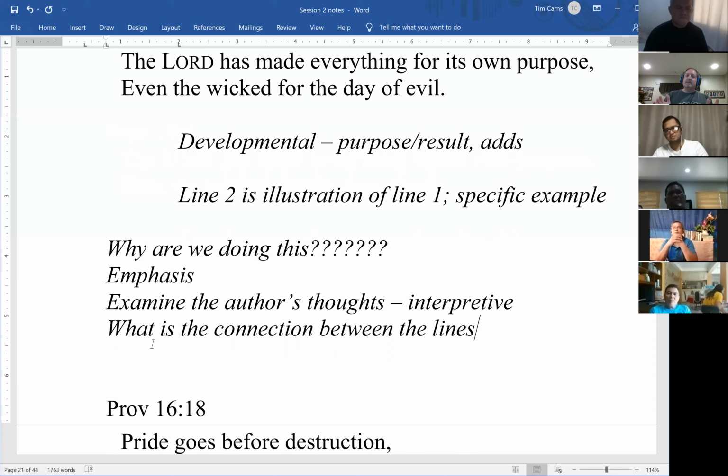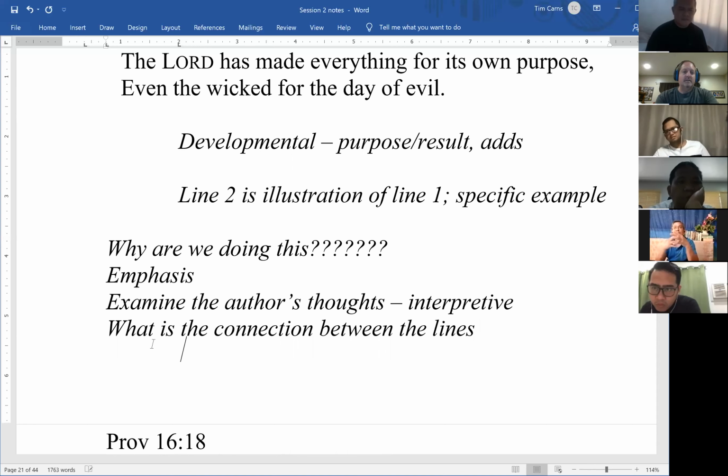So we understand that very often the poet will intentionally be connecting these two lines together in some way. Okay, that's the assumption. And so by doing this process, what we're doing is trying to figure out what is that connection.